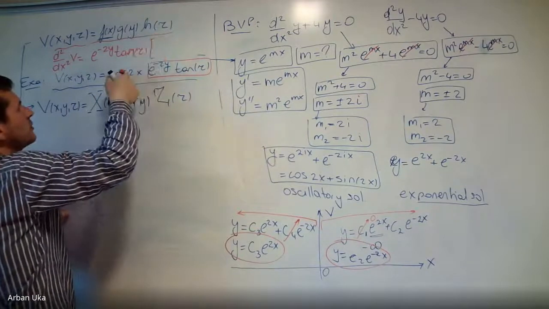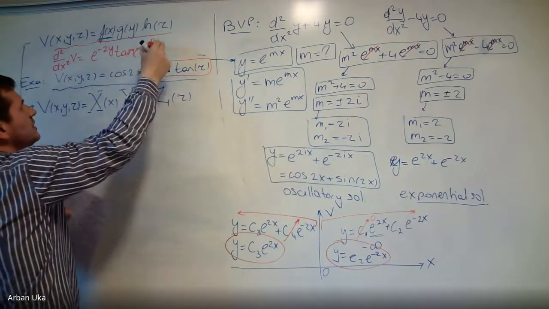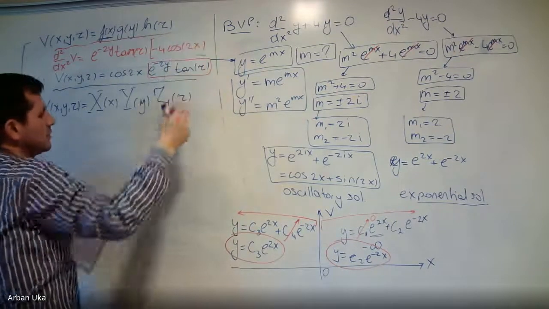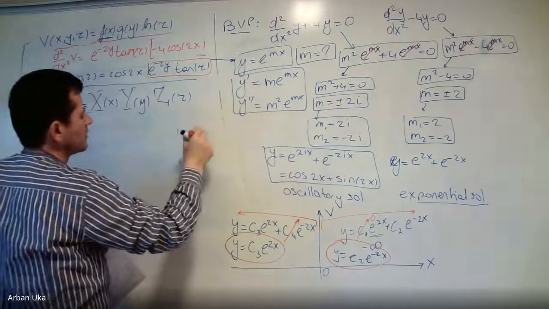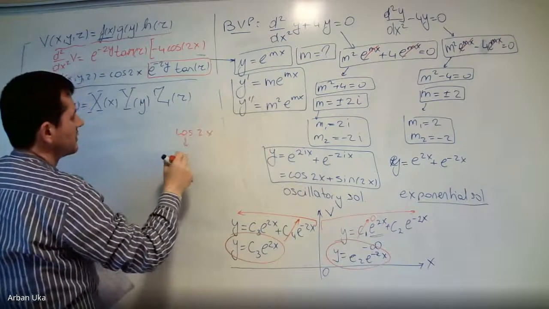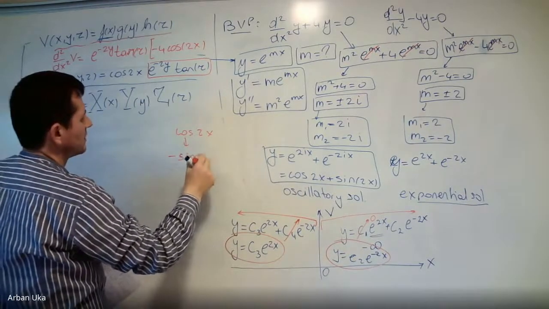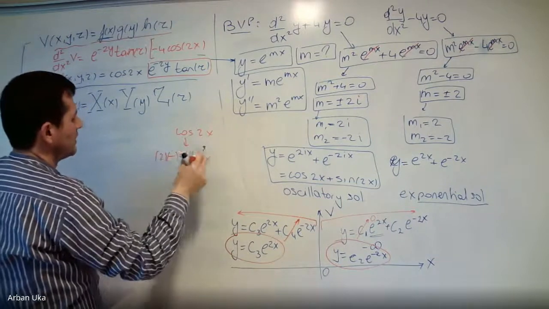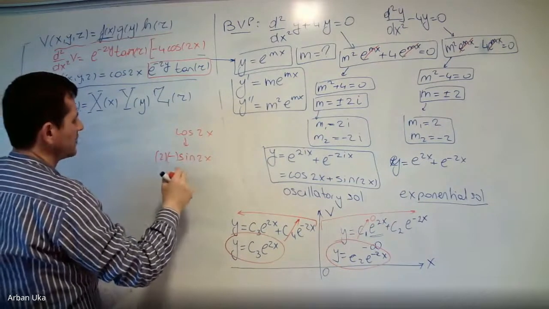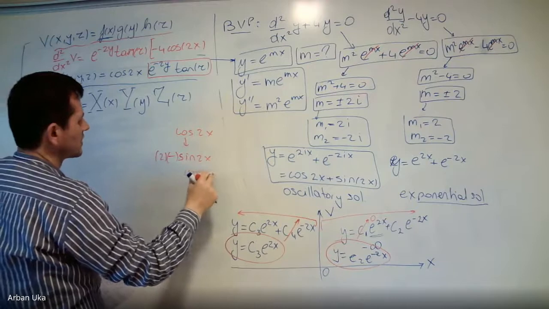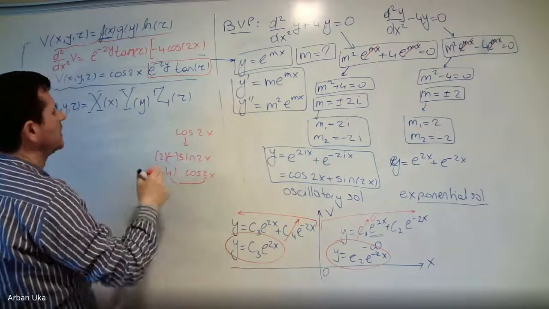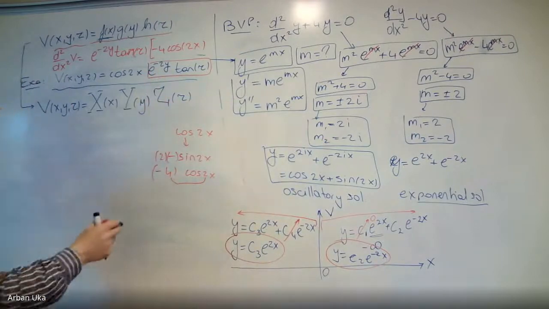The second derivative with respect to x is minus 4 cosine 2x, because the first derivative of cosine 2x is minus sine 2x times 2. We find the derivative once again and get cosine 2x, with another 2 coming out, giving minus 4. That's why we get this expression.